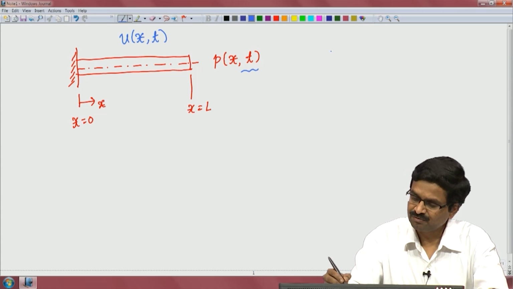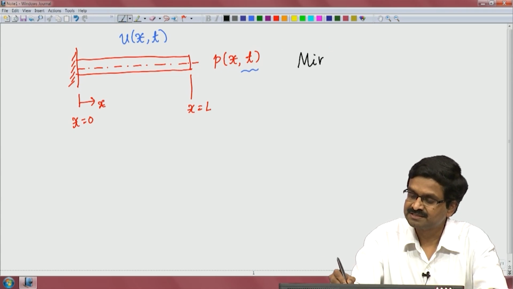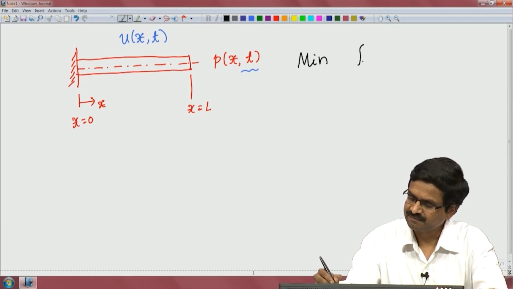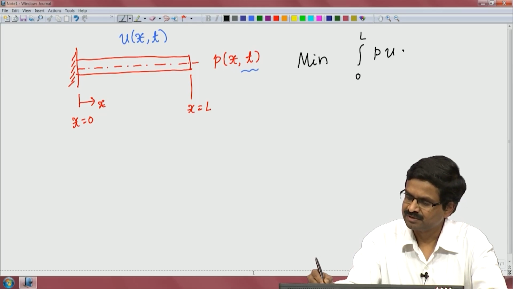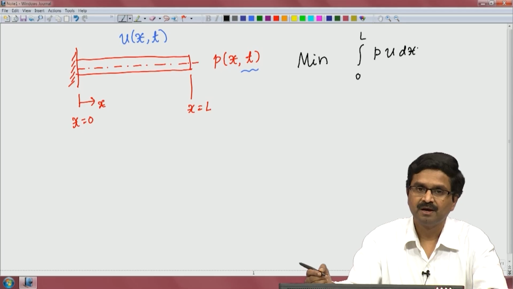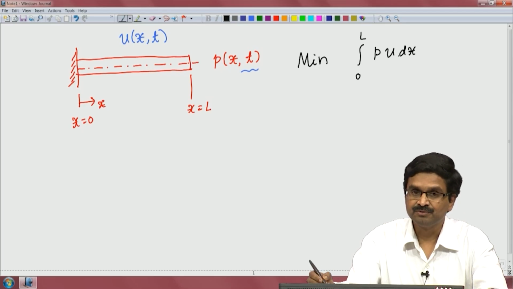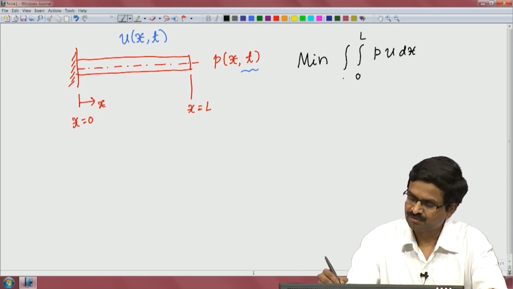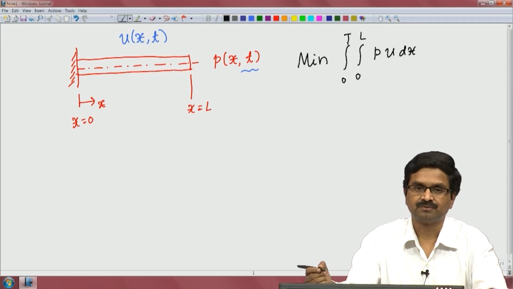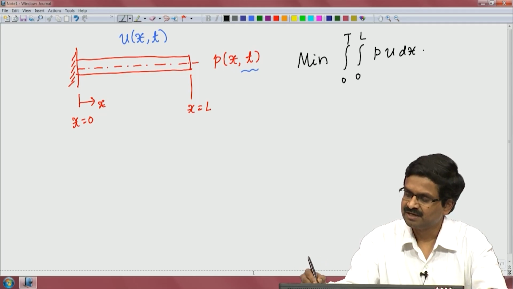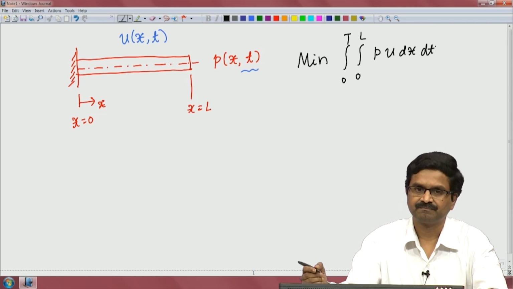Okay. So, what we would like to minimize now to make it stiff under dynamic conditions is to minimize the integral over L of P u dx. But since P and u are both varying with x and time, we would do an integral over a certain time also, some capital T given to us, and put dt. Okay.